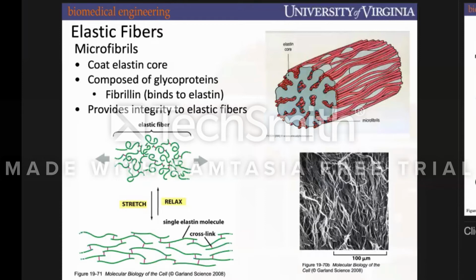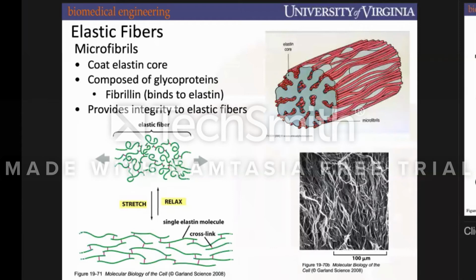So the idea of them getting caught up on one another to hinder relaxation is typically not an issue; rather, it's the loss of elastin over time as we age that hinders the ability of things like our skin to go back and relax.